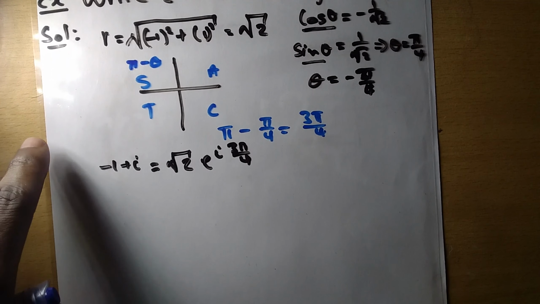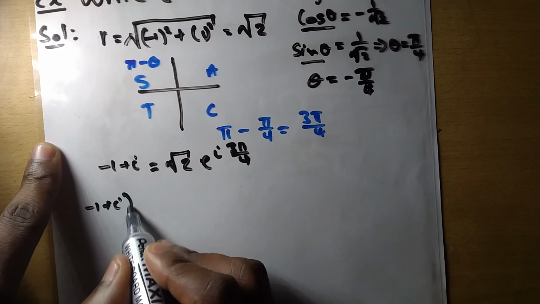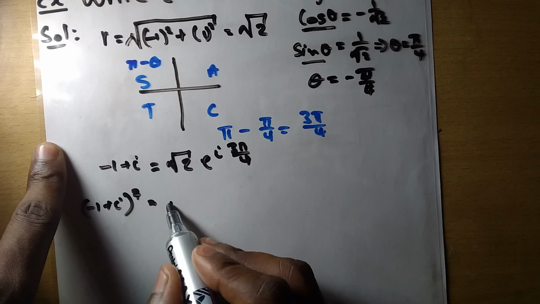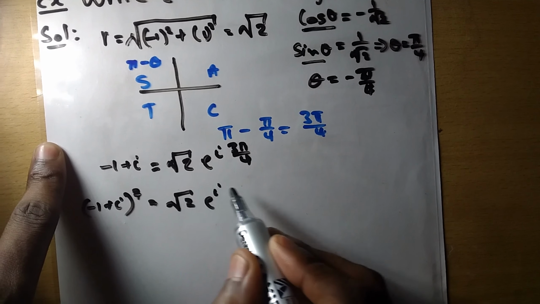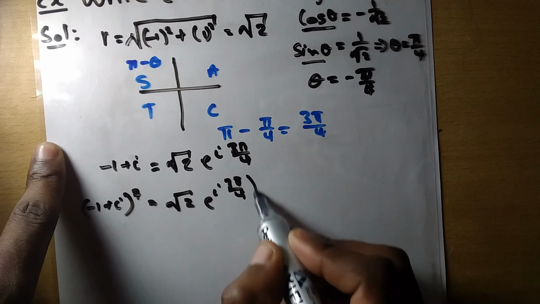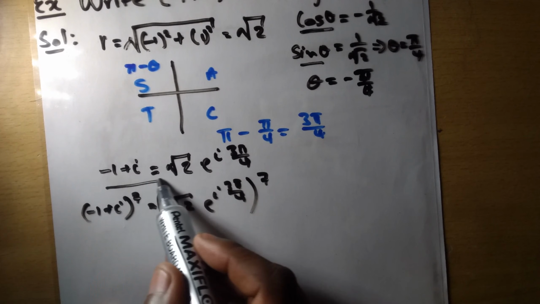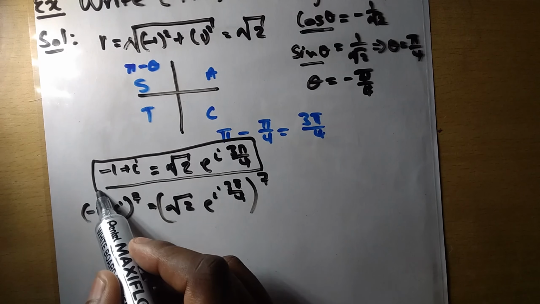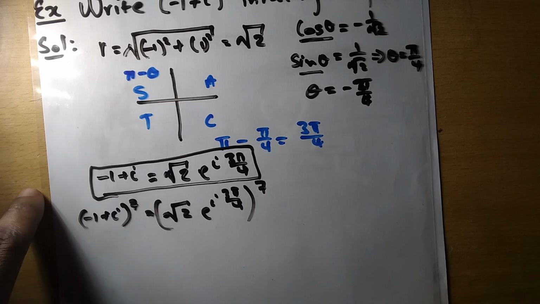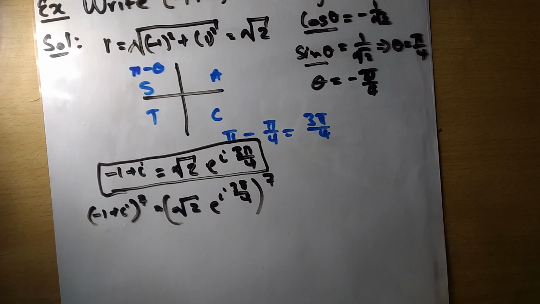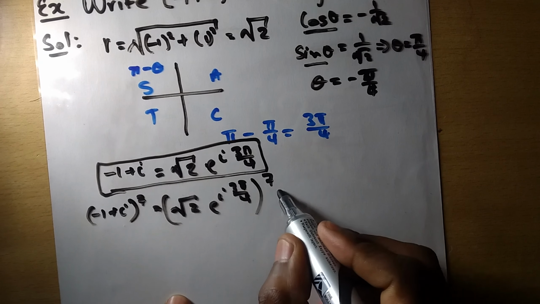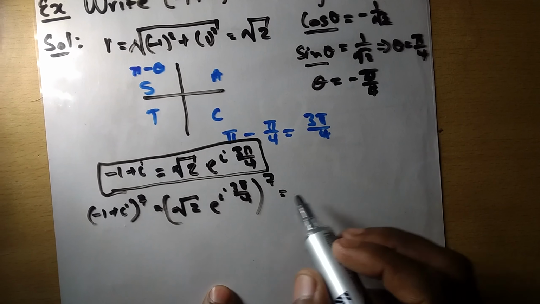Now we are solving the question. We are looking for (-1 plus I) to the 7. This is going to be the square root of 2 e to the I 3 pi over 4, all to the 7. Now you're going to understand why I write it like this first. I want you to look at the pattern and comment down below what is the pattern that you're seeing there. Now from here we are going to multiply each and every term by that exponent.